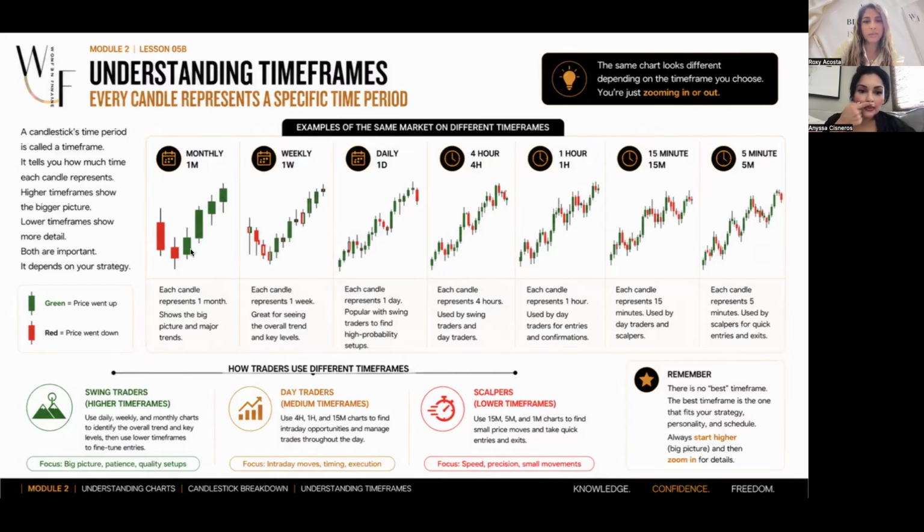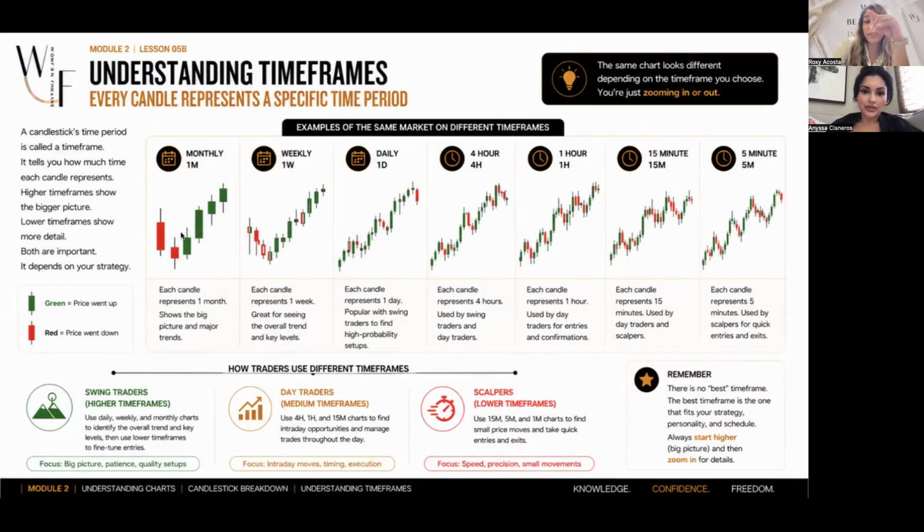Would you say that's kind of bullish? Yeah, because there's more green and it ended up going up. Yeah, exactly. So the first 2 months were, you could say, kind of bearish. The third month, you could see how price pushed up but closed right where the previous month's high wick is.